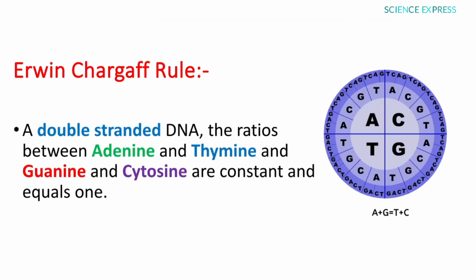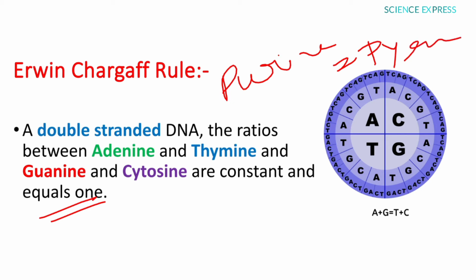Clear? Here we discuss the Chargaff rule. What is the Chargaff rule? In a double stranded DNA, the ratio between adenine and thymine, and guanine and cytosine, is constant and equals 1. That means the total amount of purine equals the total amount of pyrimidine.